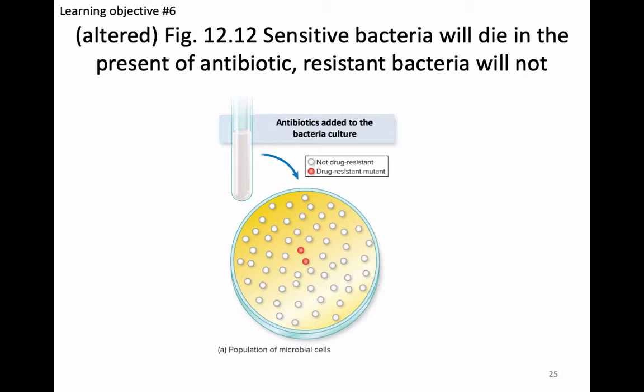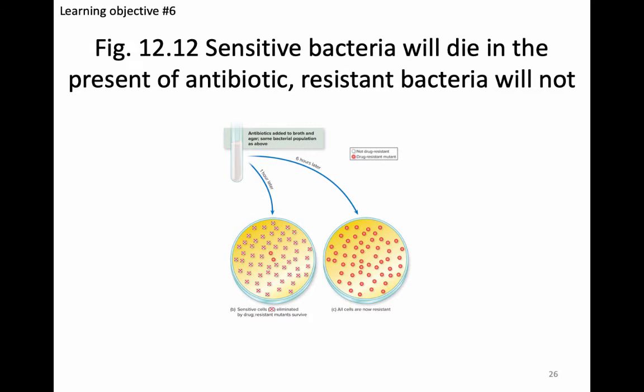So if we have a population of bacteria growing on a petri dish, we have the drug-resistant ones shown in red and the drug sensitive or not drug resistant bacteria shown in white. We treat them with antibiotic.